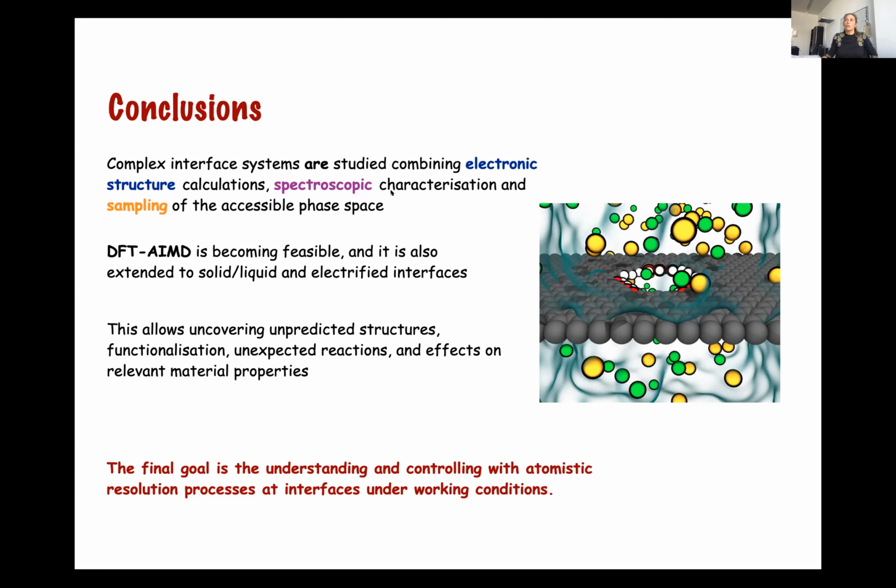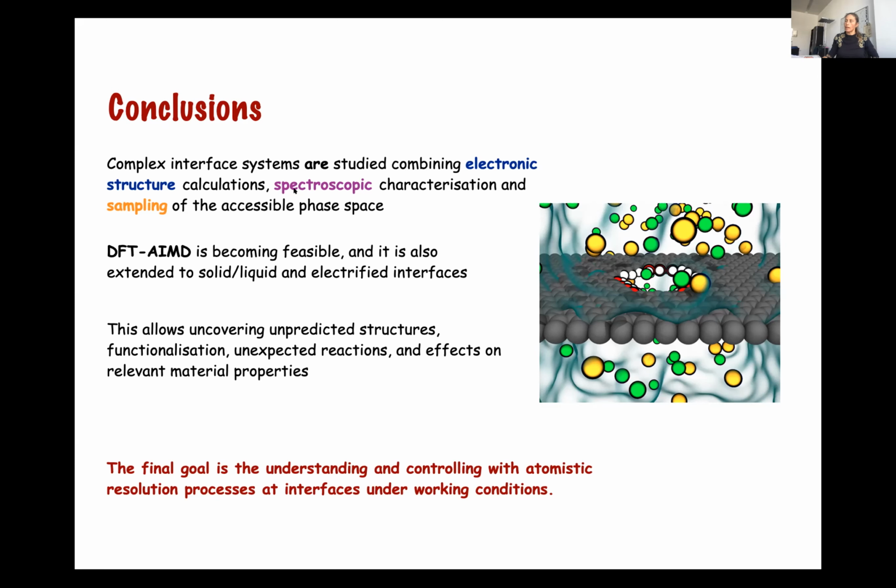I showed also a little bit of spectroscopy, but the idea is that one can go beyond the IR or vibrational spectroscopy, and we will hear anyway about spectroscopy in the next talk. These are really the tools that we can use, because we have a direct comparison with experiment.